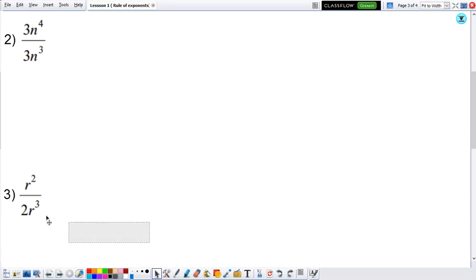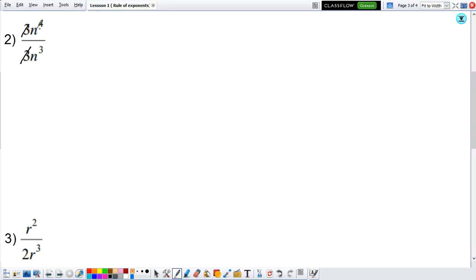So let's do another example here. Let's move 3 here for a second. So now let's concentrate on 2. First, see if you can simplify the numbers. 3 divided by 3, it will cancel out. Now we need to divide those expressions with exponents on them. Where's the highest exponent? The highest exponent is on the numerator.